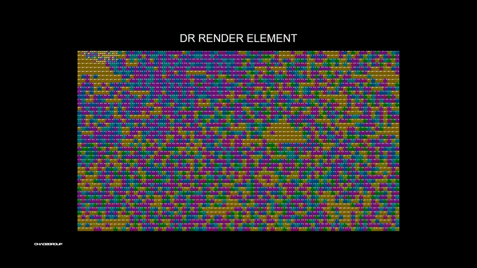It's very good to use this specific render element. It's called the DR render element, and this render element shows us with different colors the different buckets from every render node.